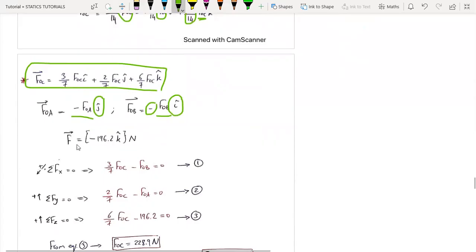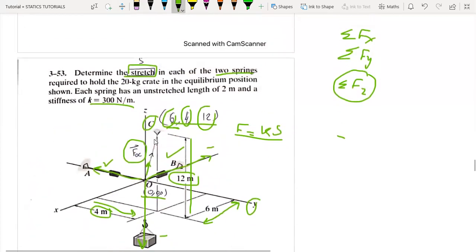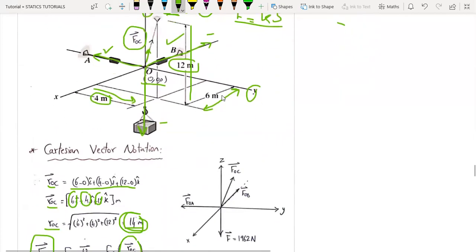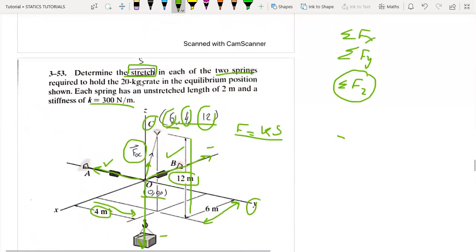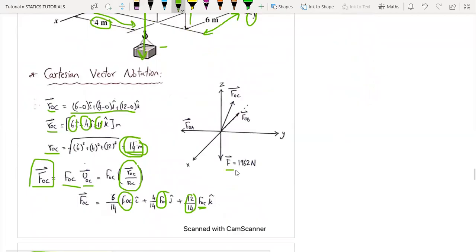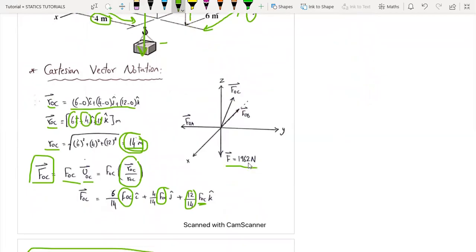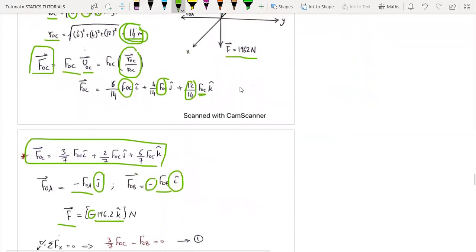So here F equals minus 196.2 k hat in newtons. 20 kilograms multiplied by 9.81, we get 196.2 newtons.